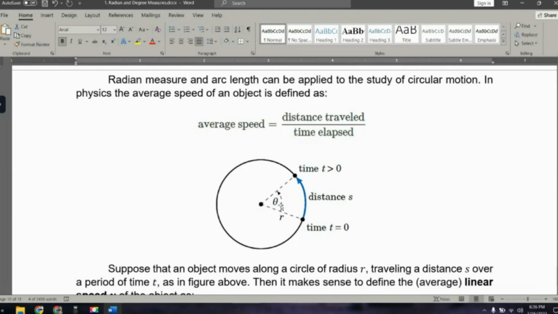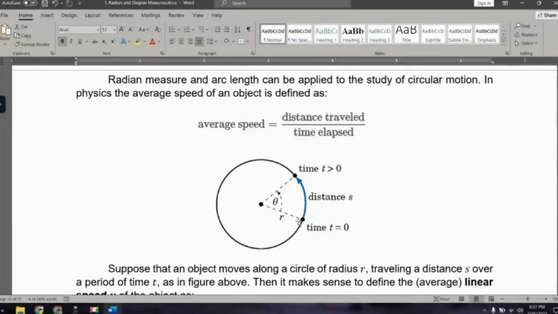So, again, we'll be using theta to denote the central angle here. And then we have r, the radius r. And assuming this is our starting position, we'll denote this as when there's no motion yet, no? Kaya yung time natin is equivalent to 0.